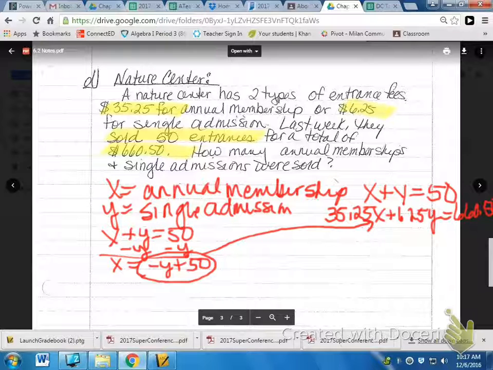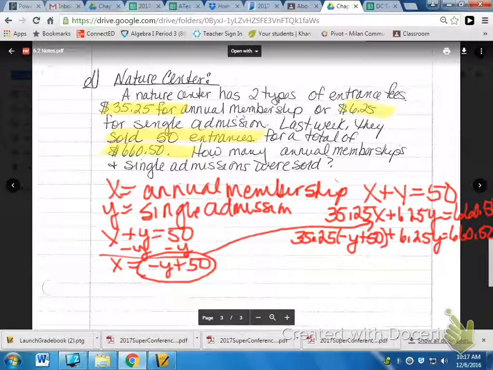That makes sense? So I'm going to have 35.25 times the quantity, negative Y plus 50, plus 6.25Y equals 660.50.